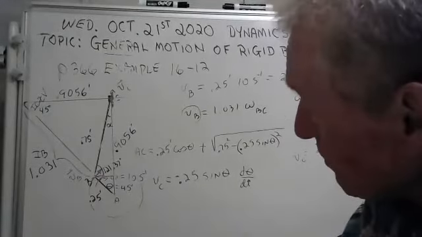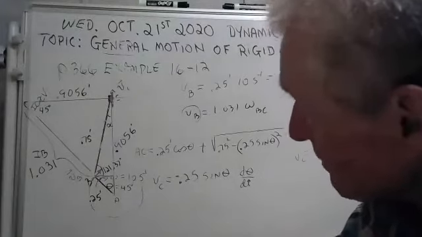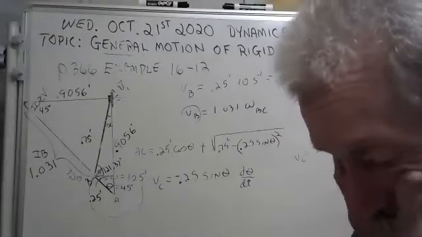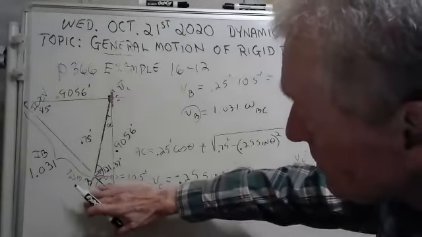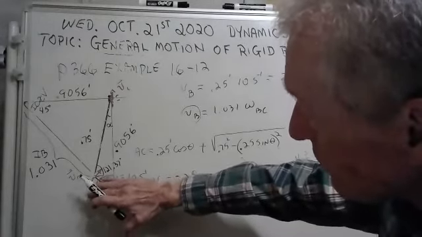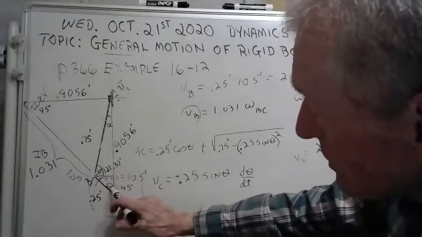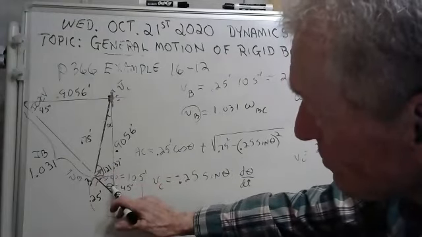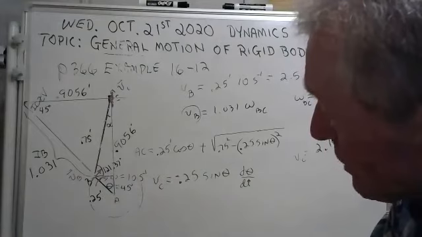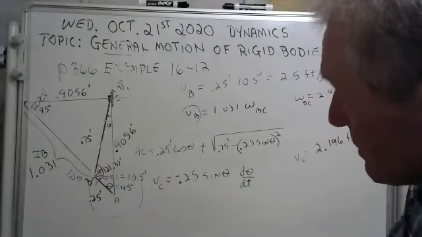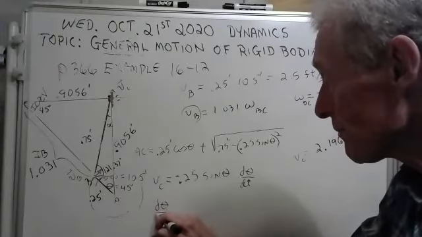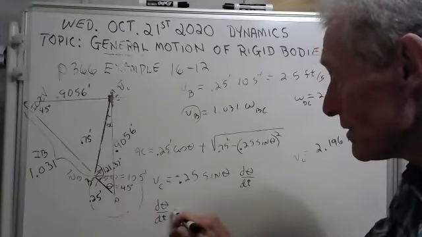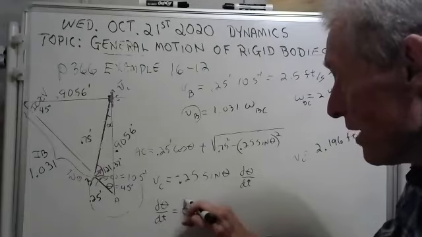Now here's the subtle part. That theta is getting smaller. As this crankshaft rotates, can you see that theta is getting smaller? It's not getting bigger, it's getting smaller, isn't it? So d theta dt, the way this book writes it, is just theta dot.